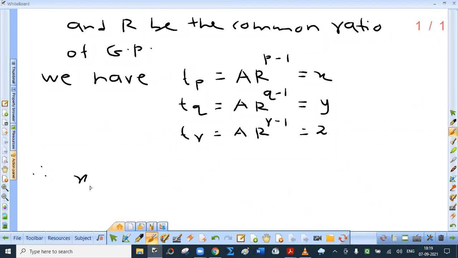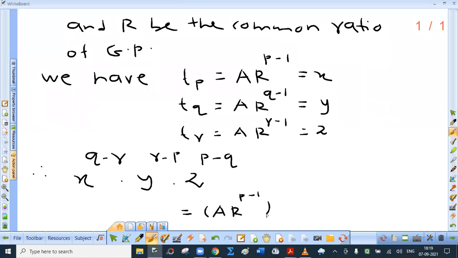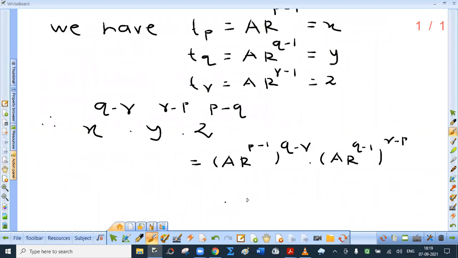Therefore, X raised to Q minus R into Y raised to R minus P into Z raised to P minus Q equal to, substitute the values of X, Y, Z. So A capital R raised to P minus 1 raised to Q minus R, A capital R raised to Q minus 1 raised to R minus P, into capital A R raised to R minus 1 raised to P minus Q.